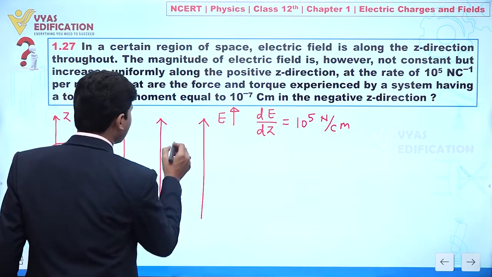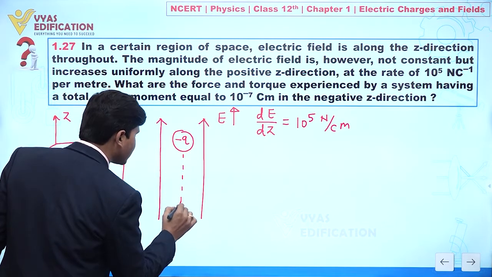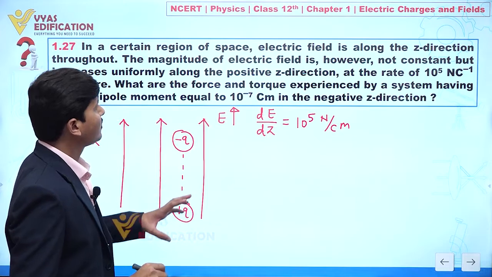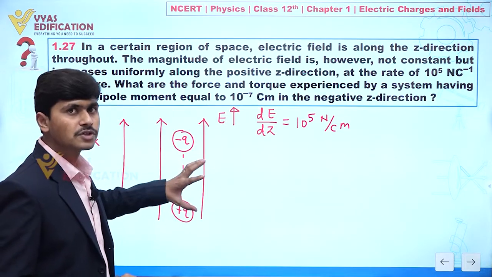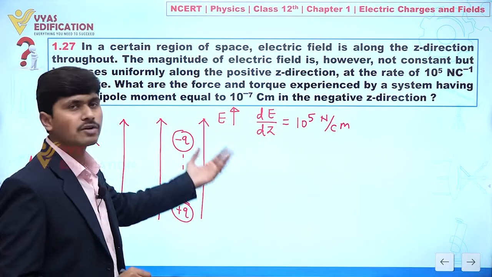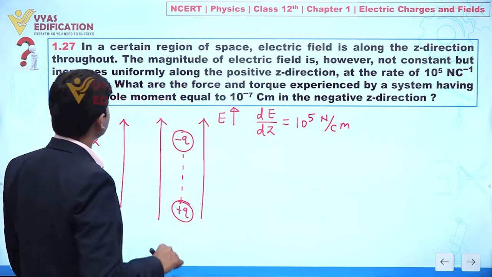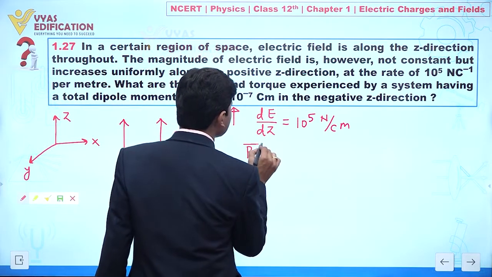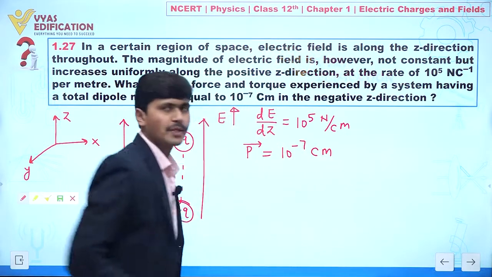So we have minus q charge here and plus q charge here. We have to calculate the force and the torque. The electric dipole moment is given as 10 to the power minus 7 coulomb meter.